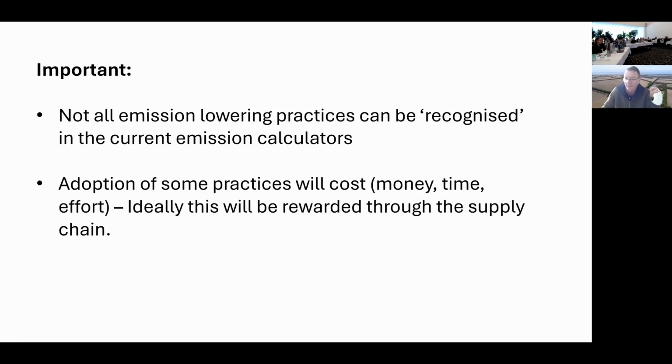If not, we won't. So we also need to be aware that some of these practices, I could go and do that, but how do I get recognition for it? And that's actually going to cost me money to do. How can I recoup that money? So we don't lose the importance of profitability and productivity in our farm business in chasing lower emissions or emissions intensity.